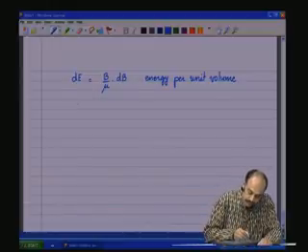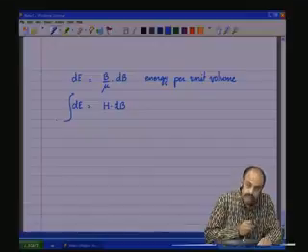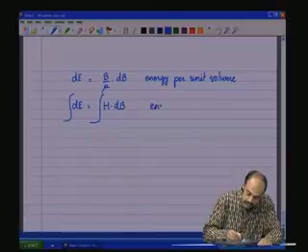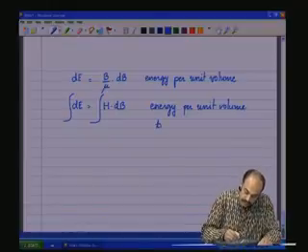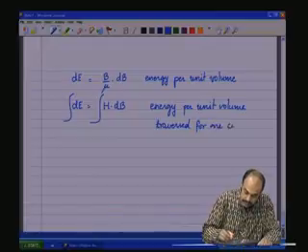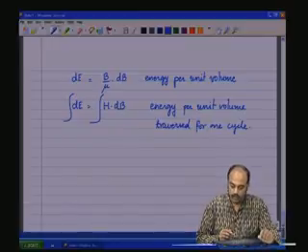that the energy E is nothing but H dot dB, or integral of dE will give you integral of this, which is the energy per unit volume which is traversed for one cycle, and is traversed for one whole cycle.